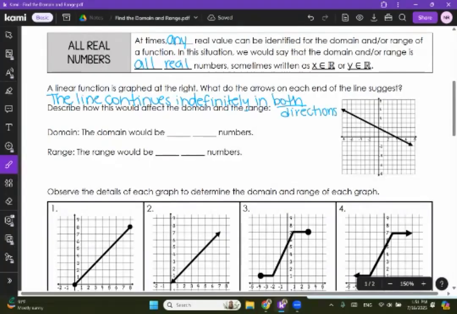Okay. So if we're talking about this arrow here, think about it. This is your positive x values, your negative x values, negative y values, positive y values. So we're going down, positive and negative. So that would give us a positive infinity, negative infinity.